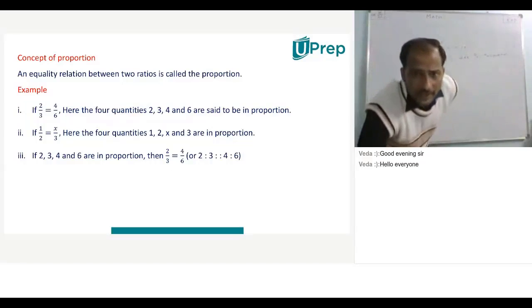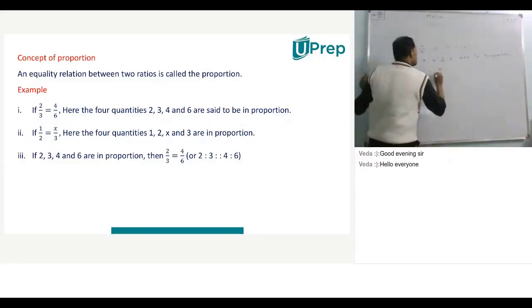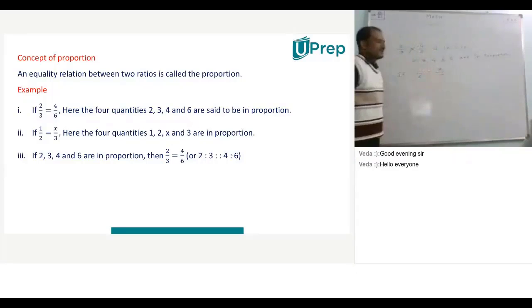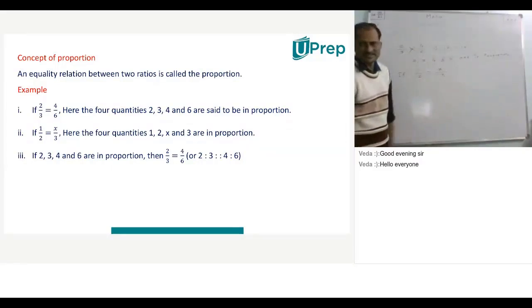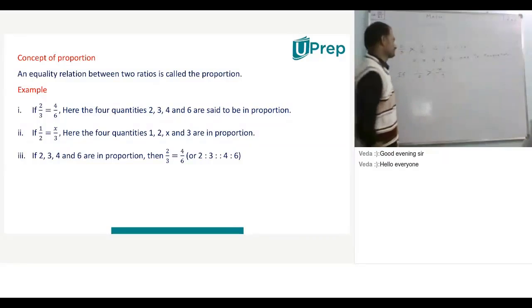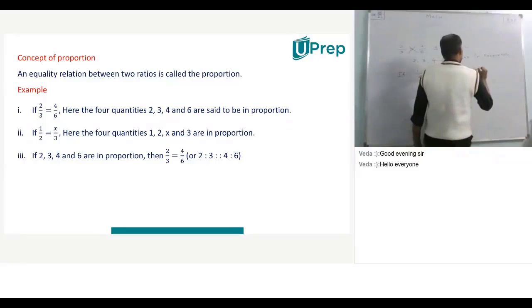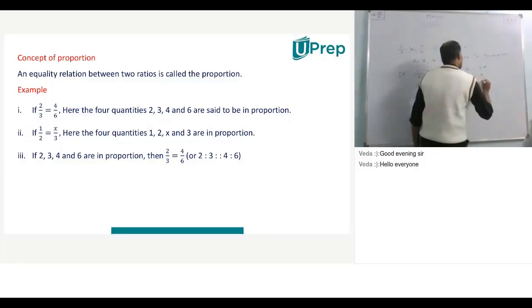Fine. Now, if 1 upon 2 is equal to x upon 3, then they will ask, what is the value of x? That's very simple. By cross multiplication, what do we get? 3 is equal to 2x, and x is equal to 3 upon 2.